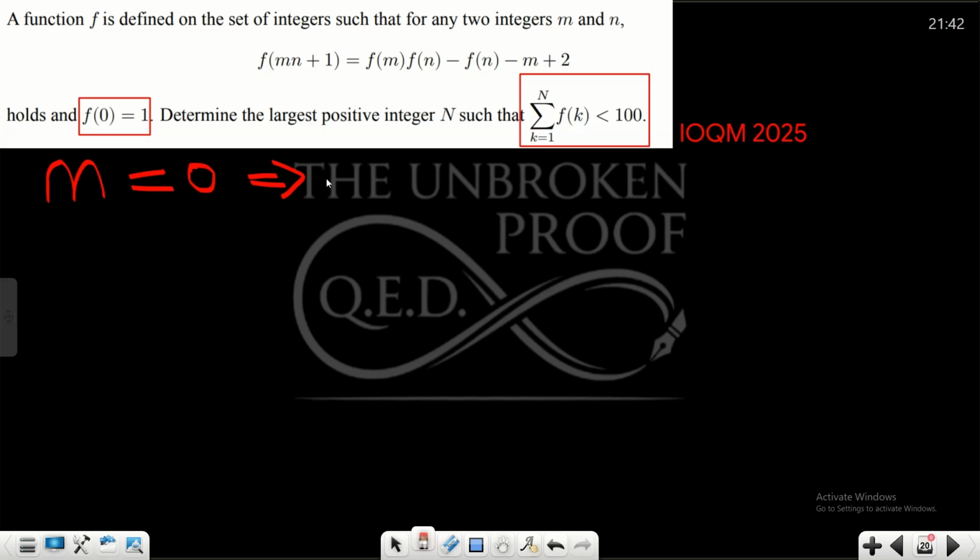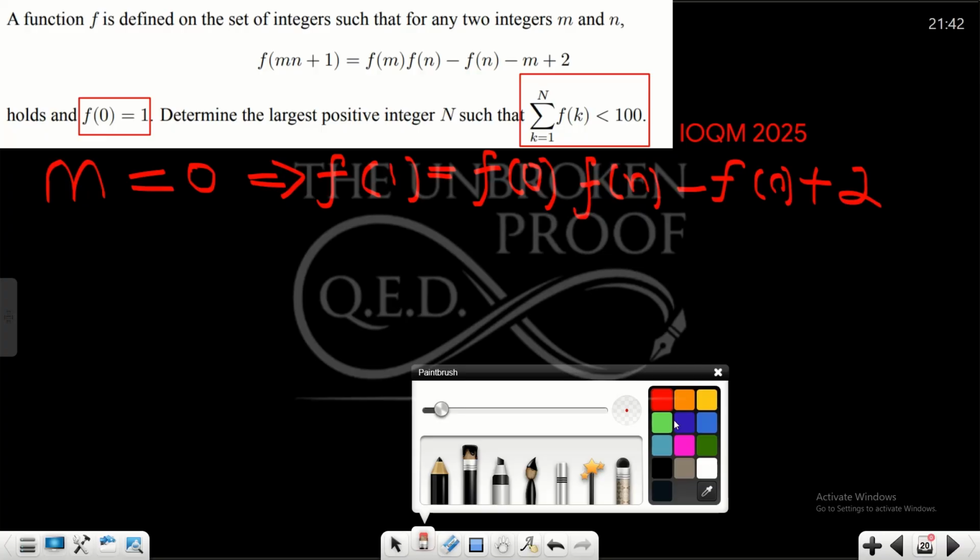which implies f of 1, because m into n will be 0, so you'll get f of 1 is equal to f of 0, because m is 0, and you will get f of n, and then you will get one more minus f of n, and then you will get a minus m, which is 0, and finally plus 2, and f of 0 is 1, so you can cancel out this f of n and minus f of n.